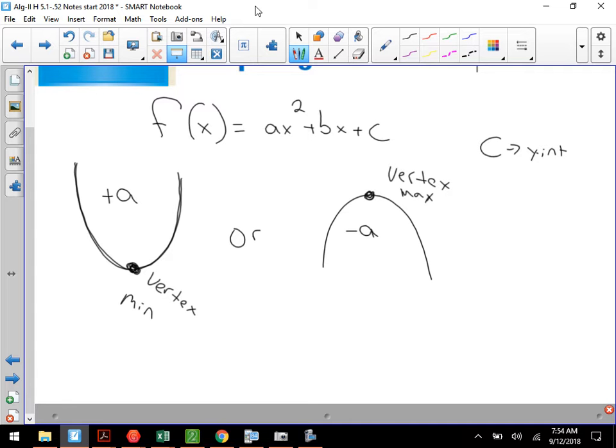Also, one of the things that you guys have done in the past is that you dealt with what's called an axis of symmetry. Does that vaguely ring a bell? What was it? You're very close. That makes sense.